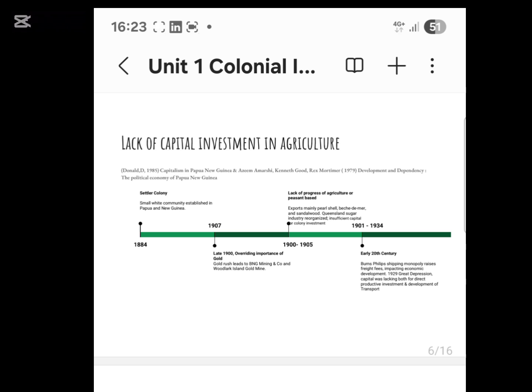So these were prospective gold miners. Prospective in the sense that they came here looking for gold. They did not come here to build trade stores and plantations.